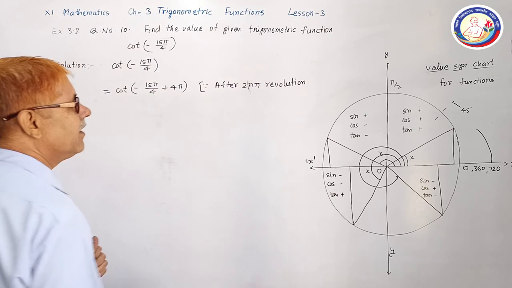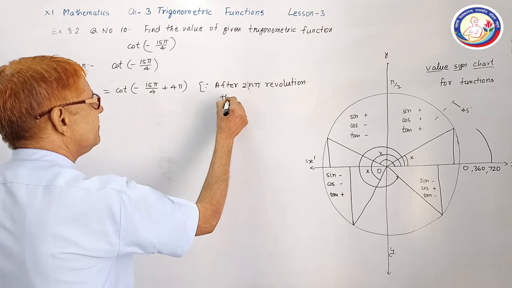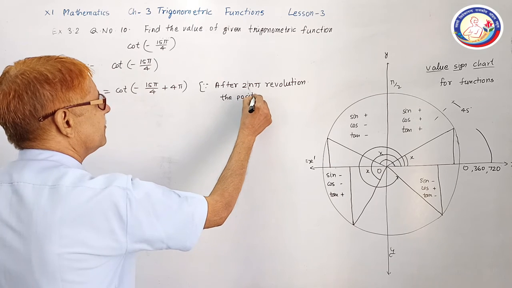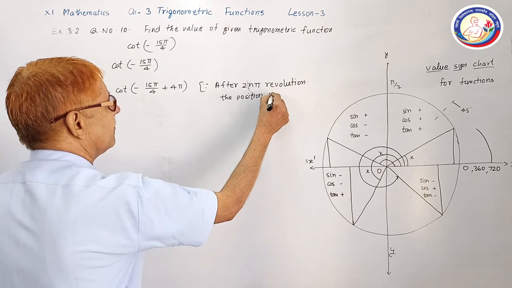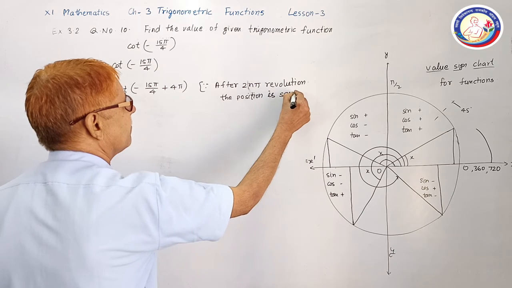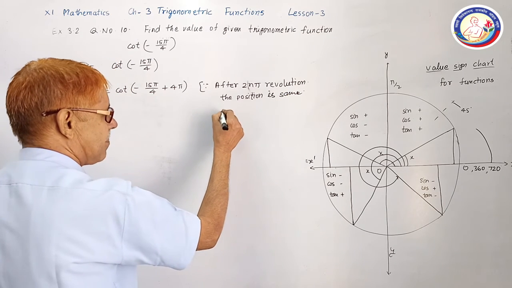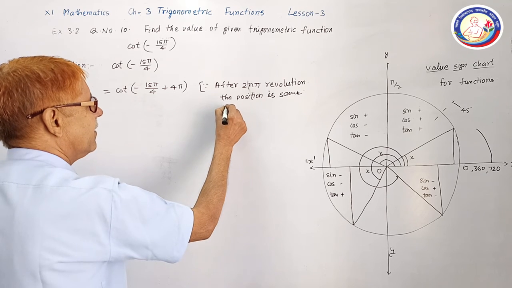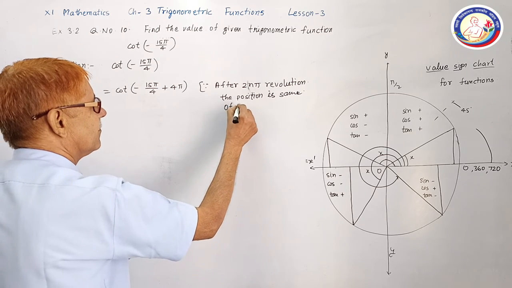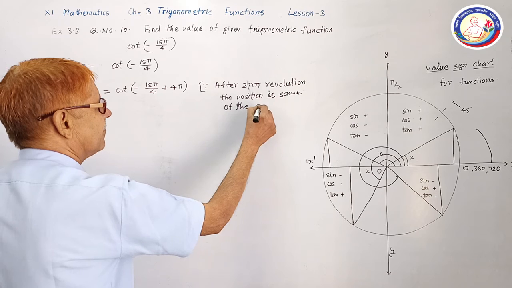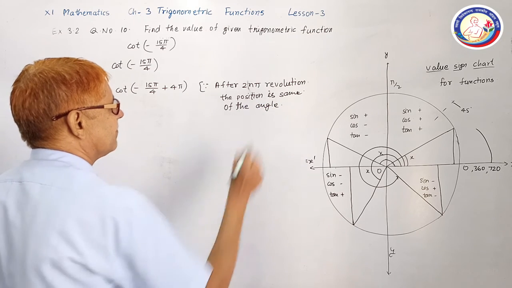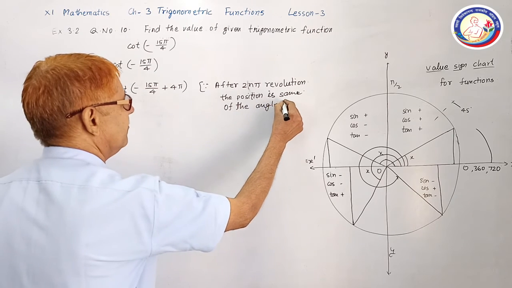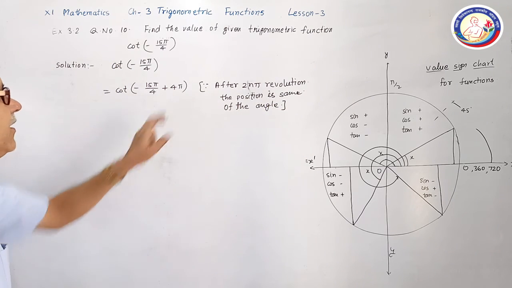After 2n pi revolution, the position of the line is the same for the angle. So we are using this concept here, and we have added 4 pi to this.